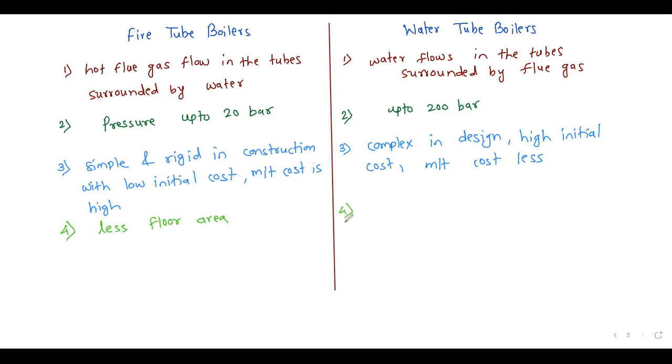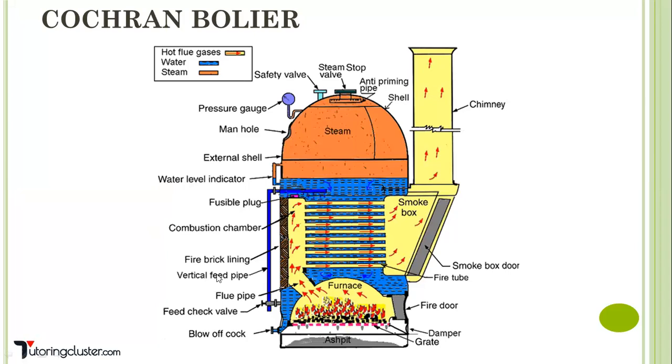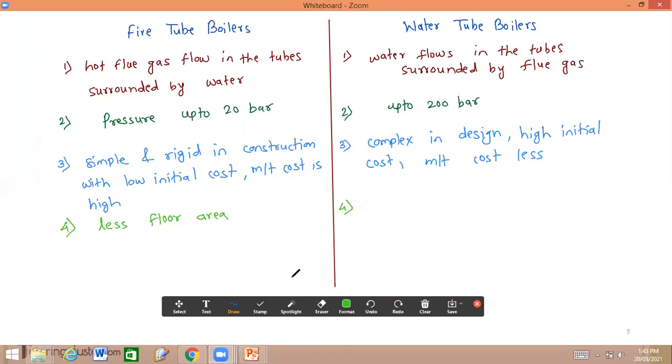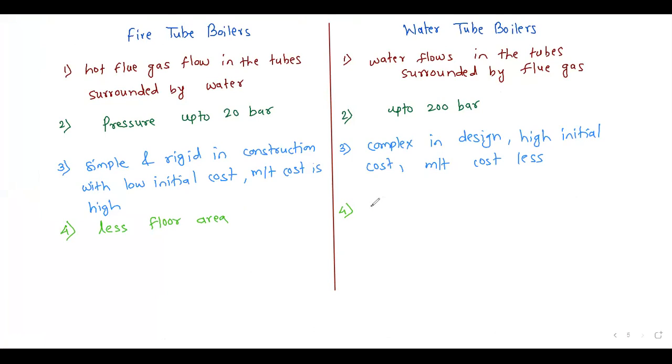But a Babcock and Wilcox boiler is going to require much more space, right? So the points we are including are: less floor area for fire tube, and more floor area for water tube. Hope you are getting these points.